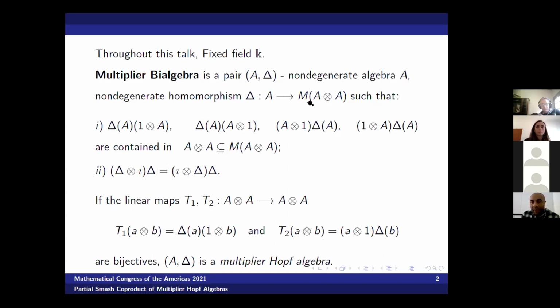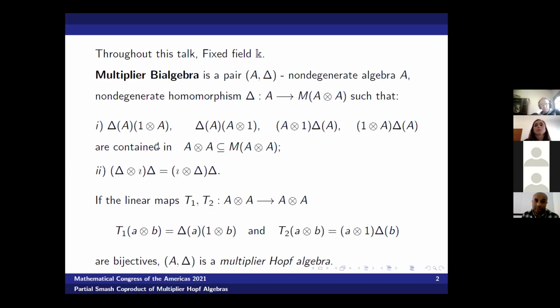Here we have the multiplier algebra of the tensor product. We are not dealing with unital algebras, but in this algebra we have unity, and these four products are contained in the tensor product. The second condition is a generalized co-associativity. Important to notice that the image of this map lies in a larger algebra, so this second condition is an extension.